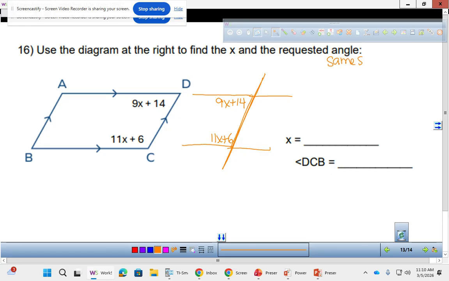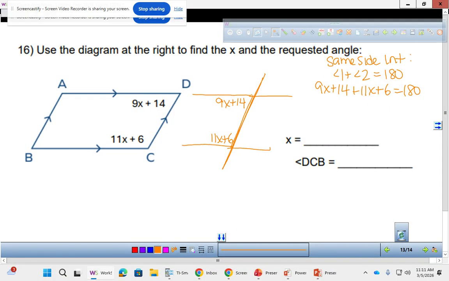I think by doing that, it becomes easier to recognize that these are same side because they're both on the left, and they're interior because they're on the inside. And the relationship is that same side is supplementary, so these two angles will add together to equal 180. So I'm doing 9x plus 14 plus 11x plus 6 equals 180.